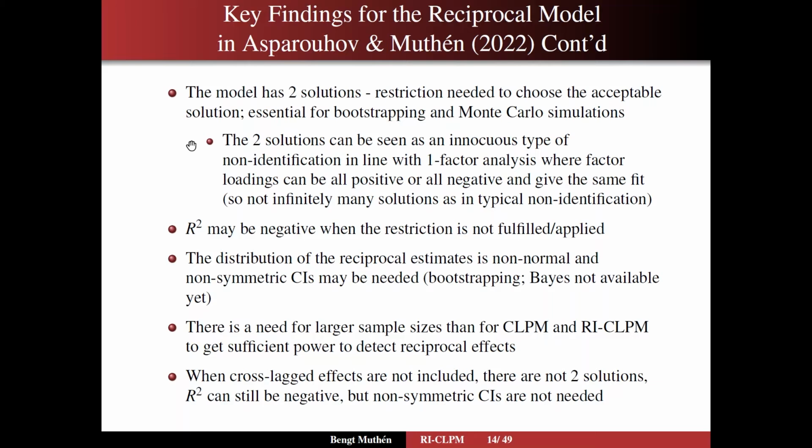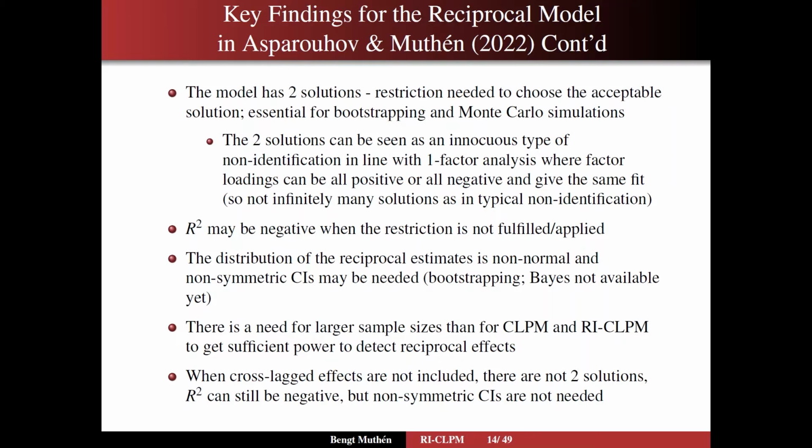Now one can think of the 2 solution issue, this duality issue, as an innocuous, harmless type of non-identification, pretty much in line with one-factor analysis, where the factor loadings can be either all positive or all negative and give the same fit. It just changes the interpretation of the factor increasing or decreasing.